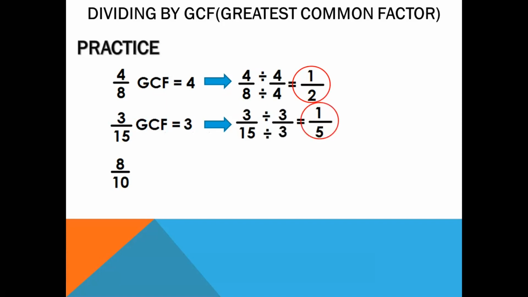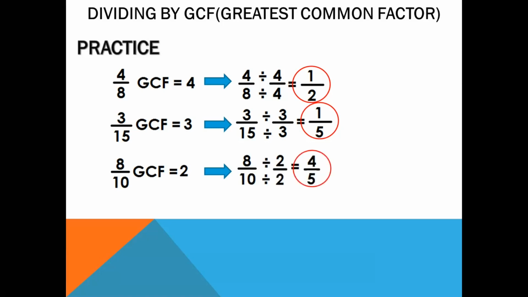So we have 1/5. Okay, last, what is the GCF of 8 and 10? We have 2. So divide the numerator and denominator again by 2. Divided by 2, we get 4. Then 10 divided by 2, we get 5. So the simplest form of 8/10 is 4/5.